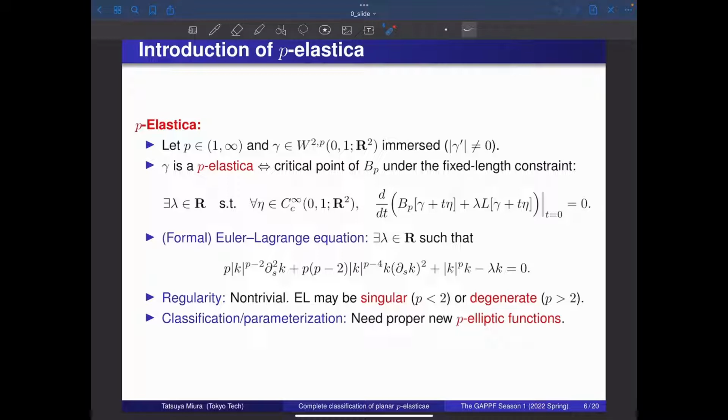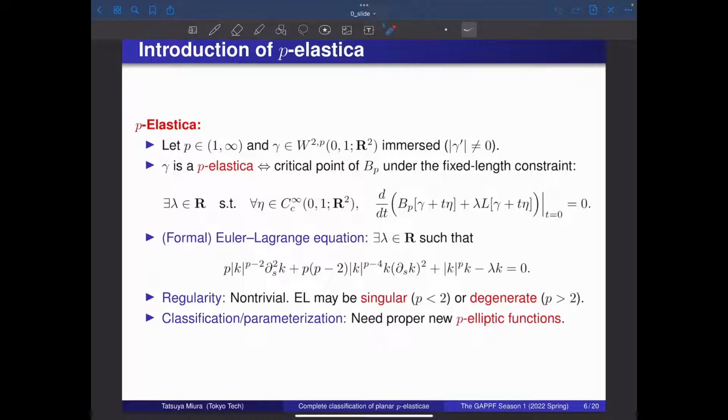Okay. This is again a second order ODE, but here I should emphasize that there is a non-trivial coefficient even in the leading order term. Now you see that this term may be singular if p is less than 2, in the sense that if k is equal to 0, then this term will diverge if p is less than 2.